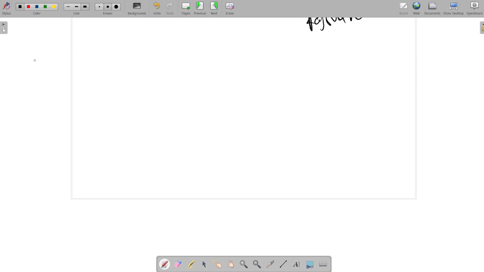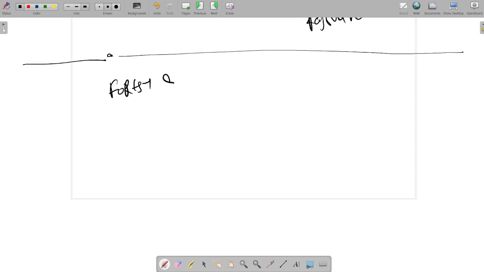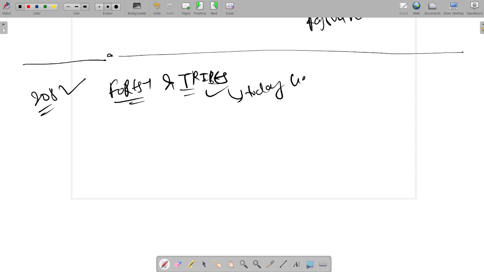Guys, after studying the women's role in agriculture, now the forest and tribes need to be studied. On page number 208, the narrow view of today's general parlance of jungli is different.